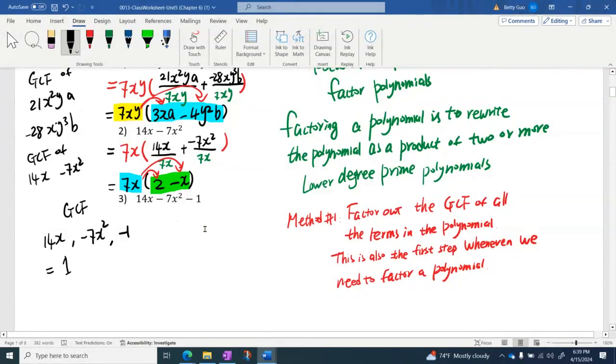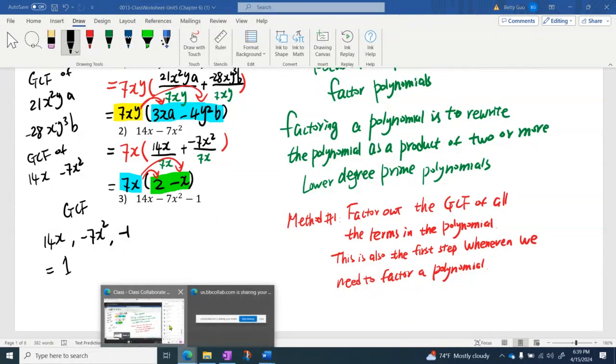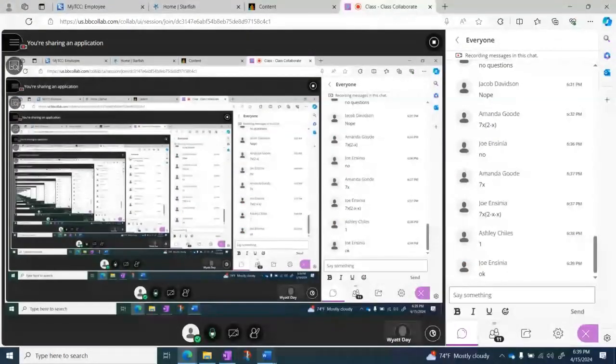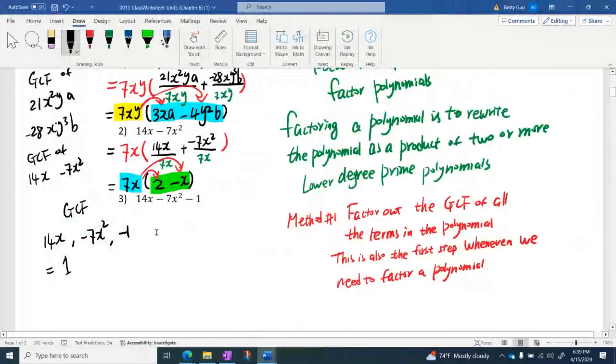When we have a trinomial, we have 3 terms. Then if we need to factor the GCF out, the GCF has to be the GCF of all the 3 terms. And when we write down the 3 terms, you will see the GCF of the 3 terms is just 1. Right? Okay, perfect. So if the GCF is 1, we do not need to factor anything out. Just skip the step.